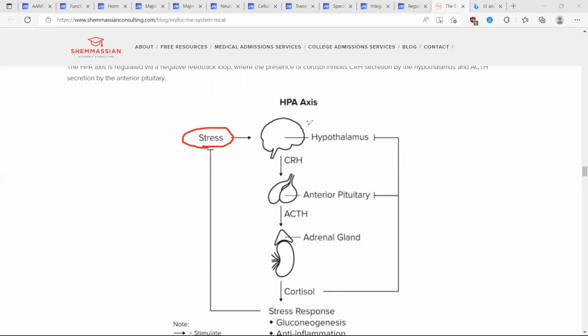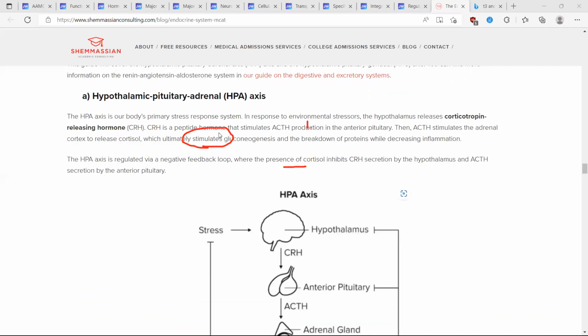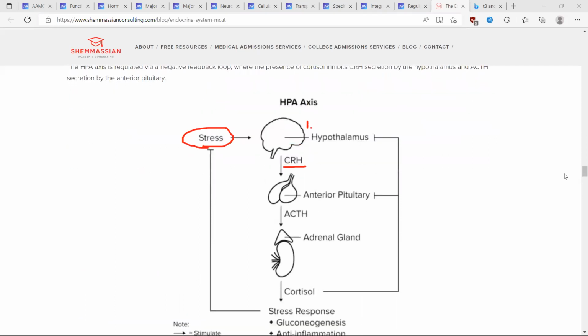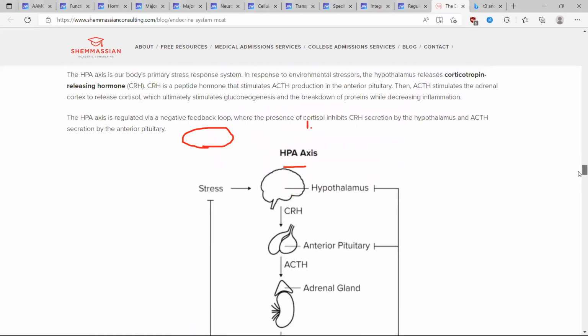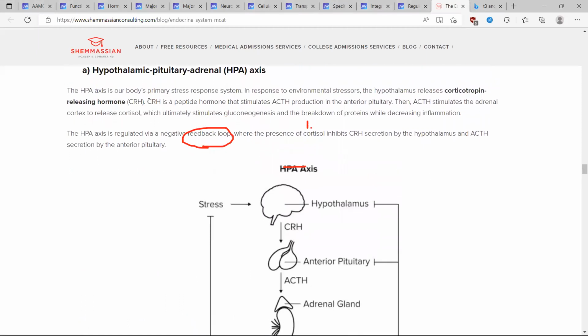First, the hypothalamus is going to release CRH, which is cortisol releasing hormone, I think. No, corticotropin releasing hormone. Yes, corticotropin releasing hormone is a peptide hormone that stimulates ACTH production.